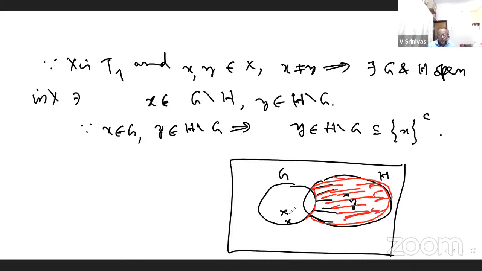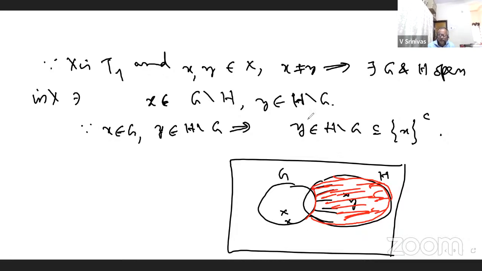Now x belongs to G, and y is in H minus G. Now where does this H minus G lie?